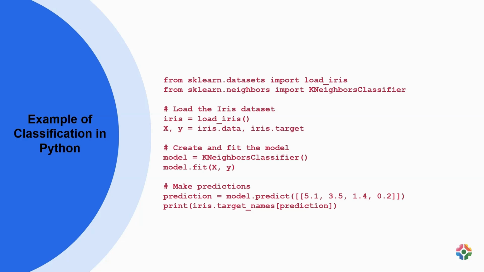After training, we can use the trained model to make predictions on new data. In this case, we predict the class label for a new data point, 5.1, 3.5, 1.4, 0.2, with model.predict. Finally, we print out the predicted class label using iris.target_names[prediction], where iris.target_names gives the names of the classes in the dataset.